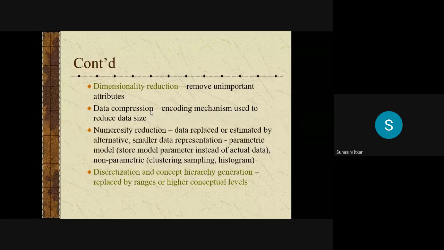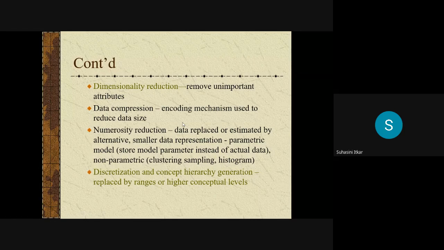multiple data values for the attribute income may be mapped. For 0.1, the multiple income values, like income value 1000, income value 1100, income value 1500, so the incomes ranging from 1000 to 1900, we can map on the scale of 0.1. In that way, using encoding or normalization, we can compress the data.